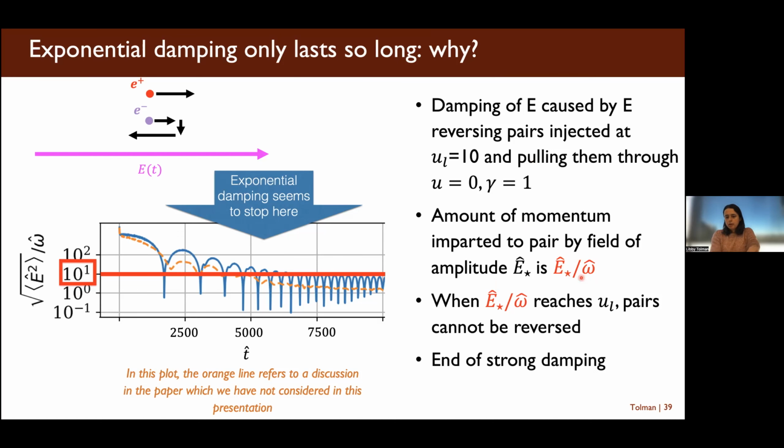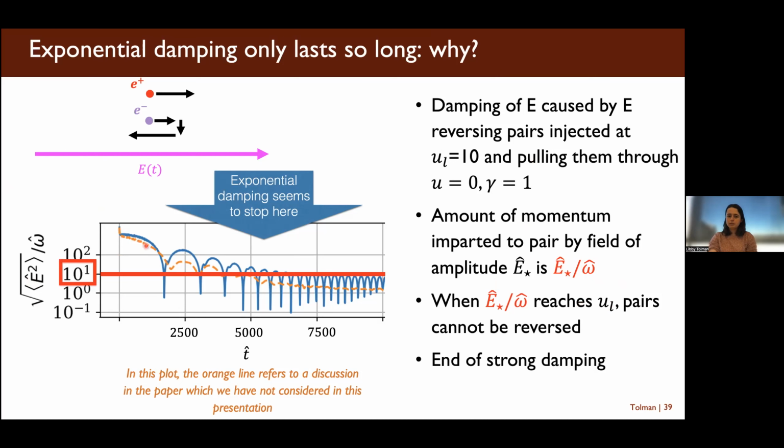Great. So when this parameter reaches the injection momentum, then pairs can't be reversed. You can see the evolution of this parameter in our simulation in the second plot here. Initially, you can impart a very large amount of momentum to pairs by the electric field.